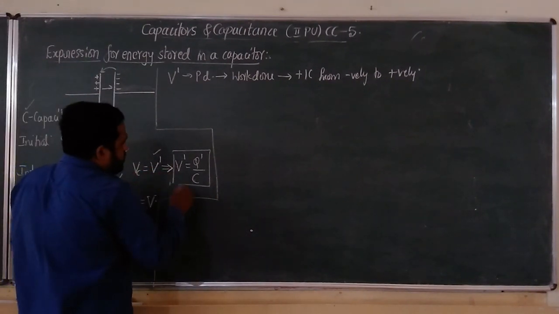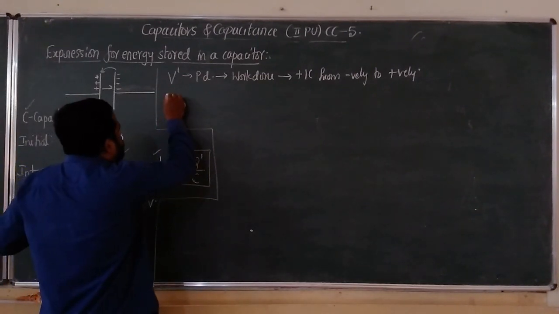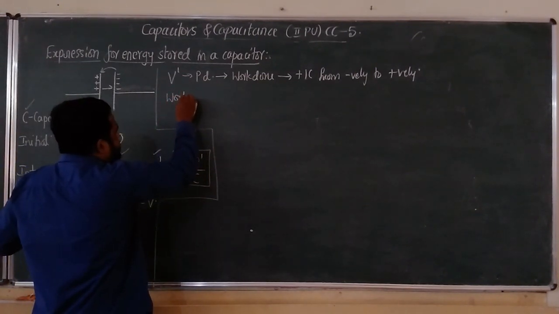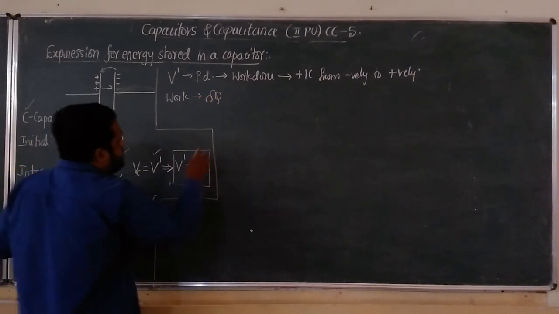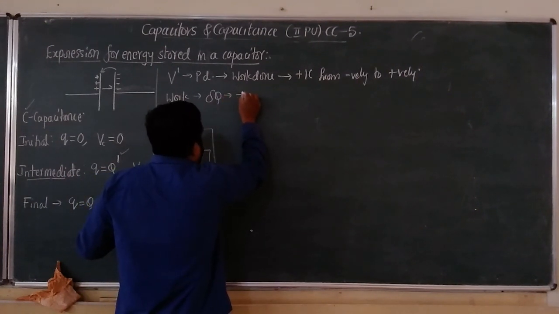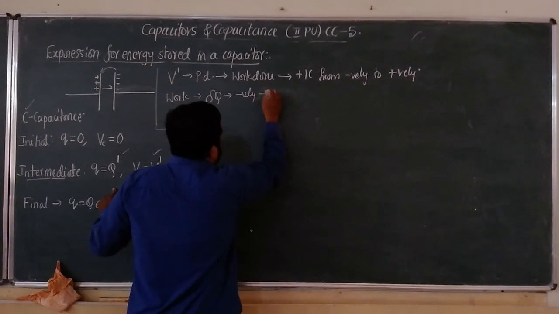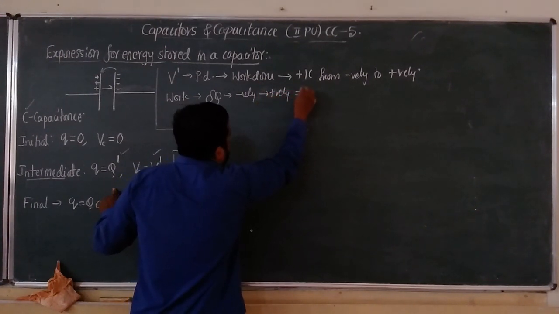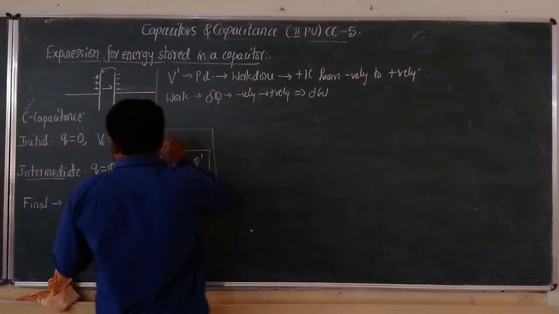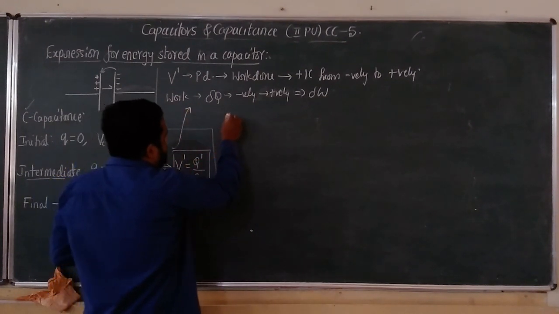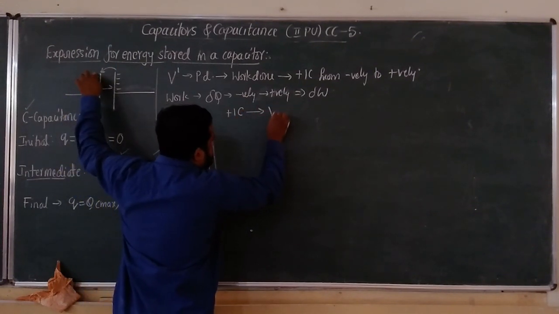Now let us consider this point. At this instant of time, that is at the intermediate stage, the amount of work done in displacing a small charge of magnitude delta Q from the negatively charged plate to the positively charged plate, let it be delta W. So at this instant of time, in the intermediate stage, if you shift a unit positive charge from here to here, in that process the amount of work done is V dash.